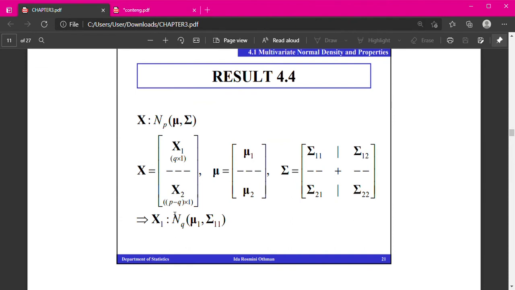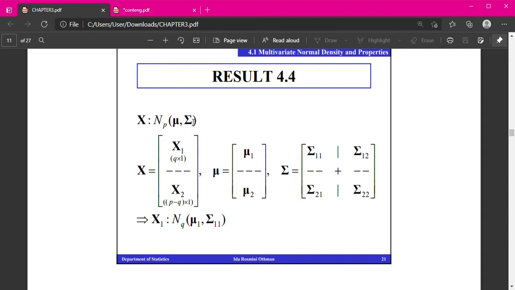Okay, the next one adalah properties untuk partition. Sama juga macam sebelum ni, kita boleh separatekan the list of the variable that we have. Kita boleh subgroupkan dia ataupun dinamakan partitioning the variables. Okay, let's say here we have P variables.